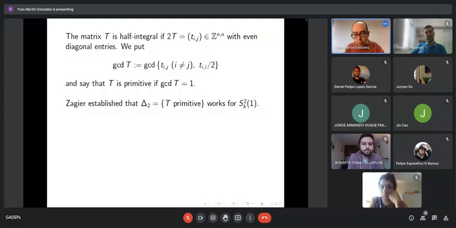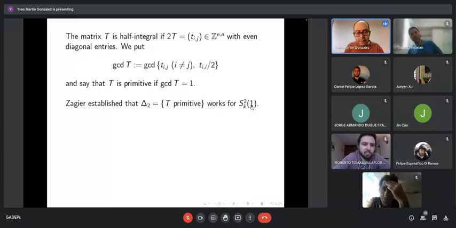So for n equal to 2 and big N equal to 1 and character trivial, this is established by Saguier. Actually, it's just 2 or 3 lines in a paper of Saguier of around 1980 or something like that. After that, Yamana showed something much more general in the same sense.